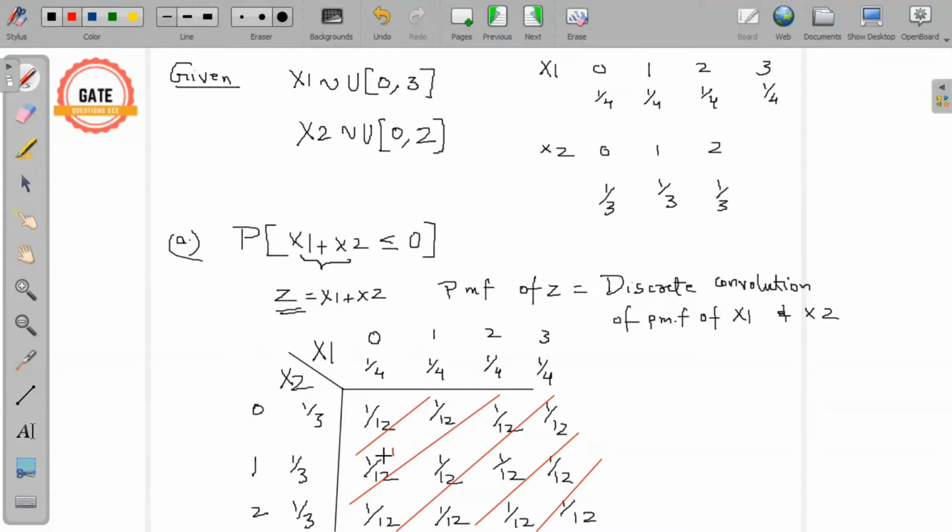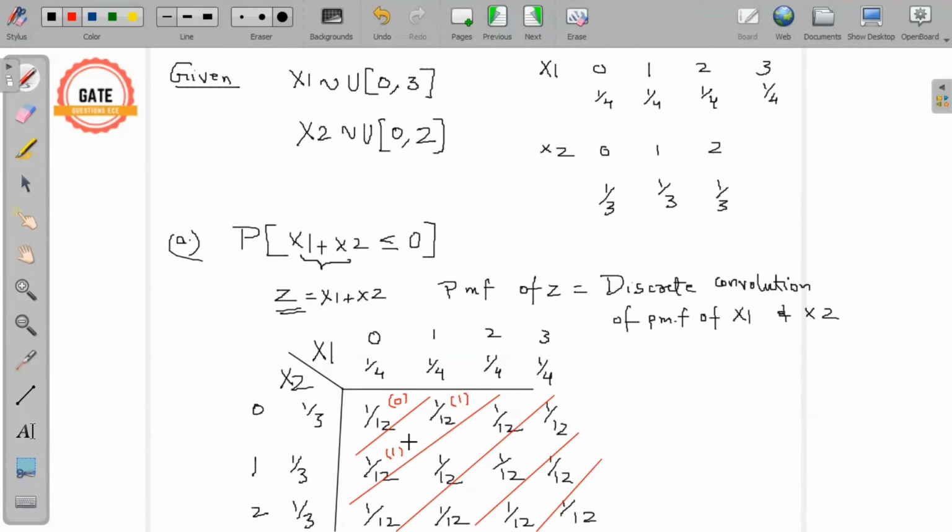So this element here has value of z as 1. Similarly here, this element has value of z as 0 plus 1. So this element has value of z as 1. Similarly, for this element, x1 is 0 and x2 is 0. So 0 plus 0 is 0.